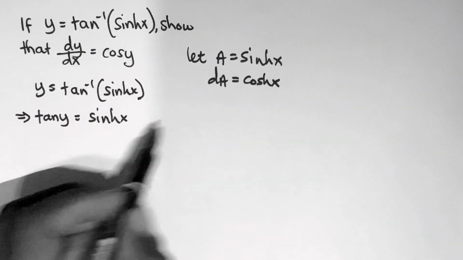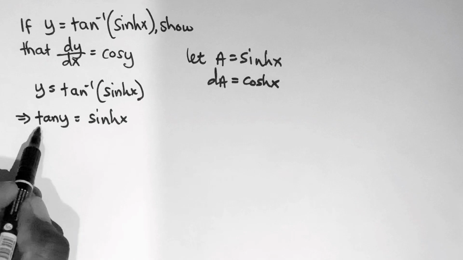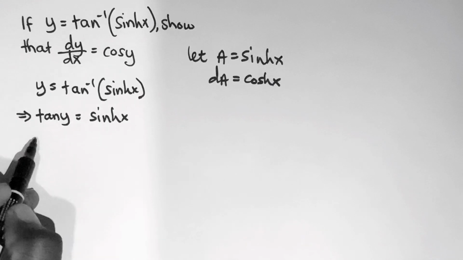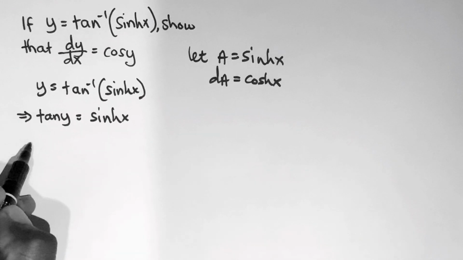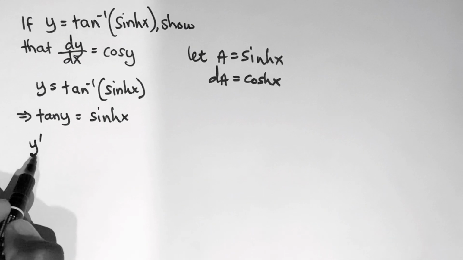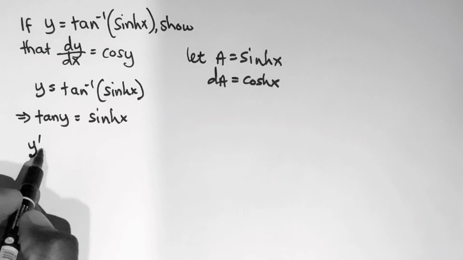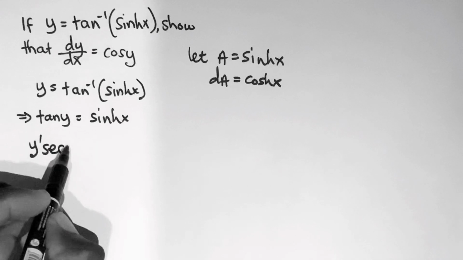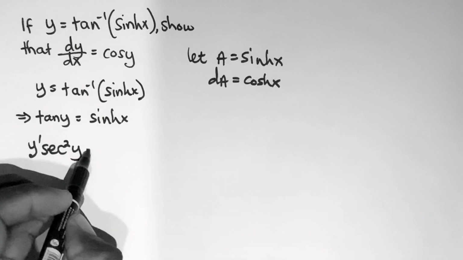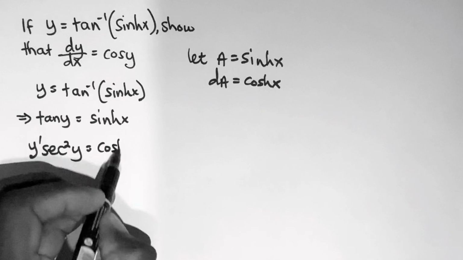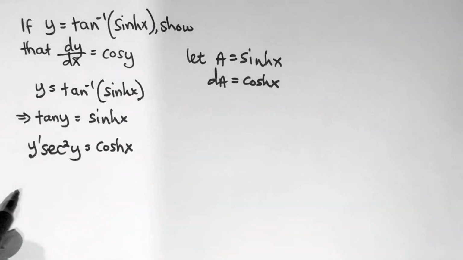So now we are going to put that here. So tan y, if you differentiate tan y, you first differentiate y, which is y prime. Then if you differentiate tan y, you are going to get sec squared. So sec squared y y prime equals cosh x.